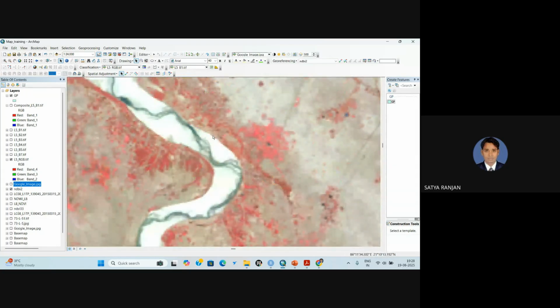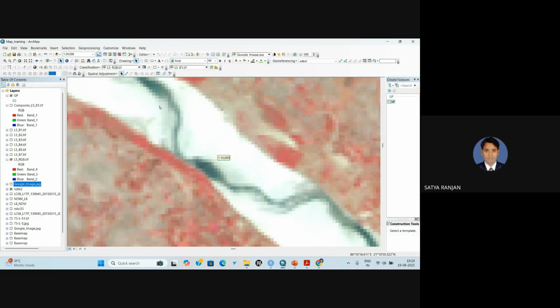So this is the sand area. Suppose this sand area has the same reflectance values near to the dry land of the cropland areas, then the classification technique calculates wrongly. Because if the same pixels are there, and we create one polygon and give to the system that this sample is the sand area, then this is also a sand area.